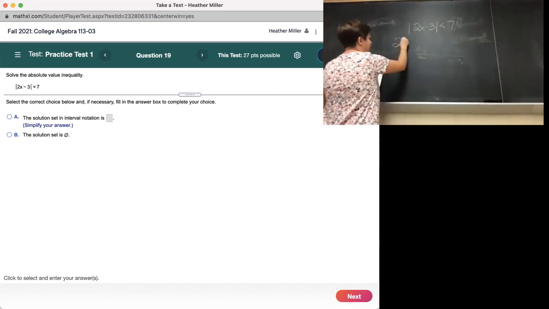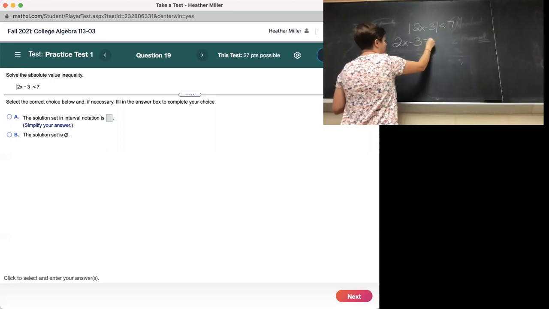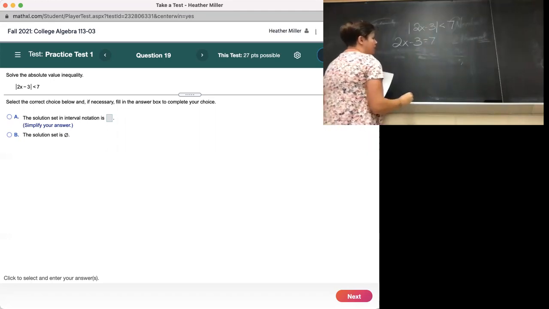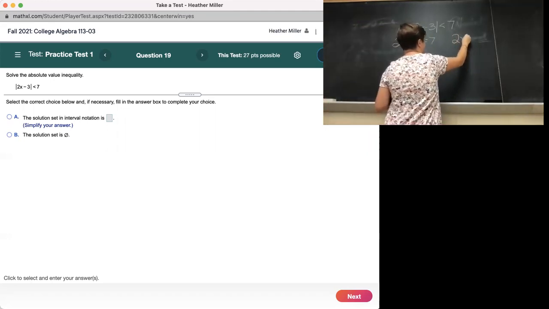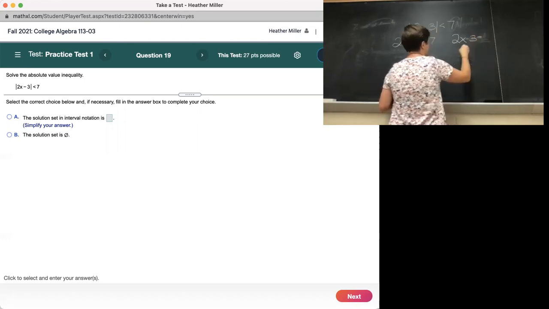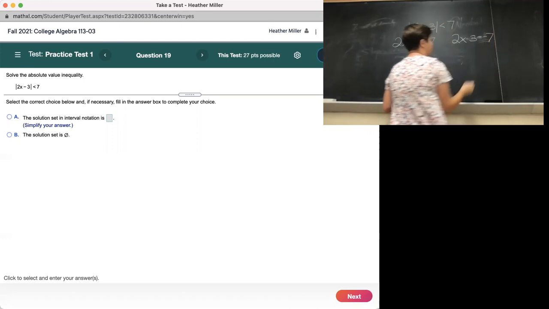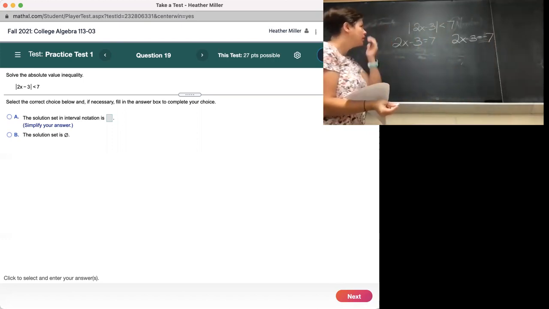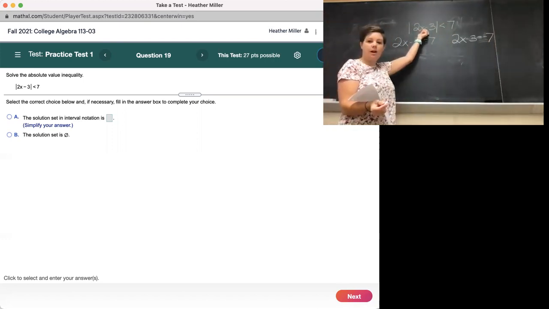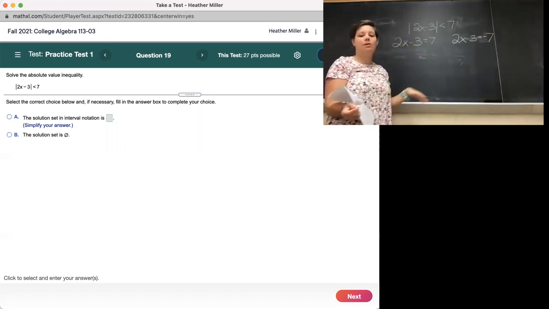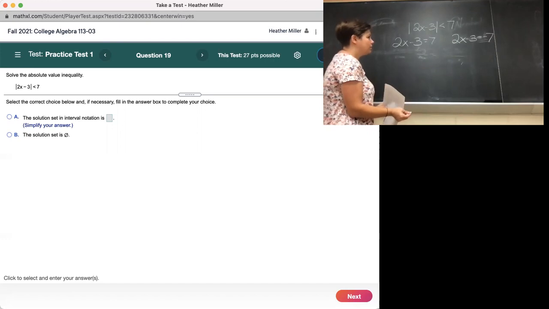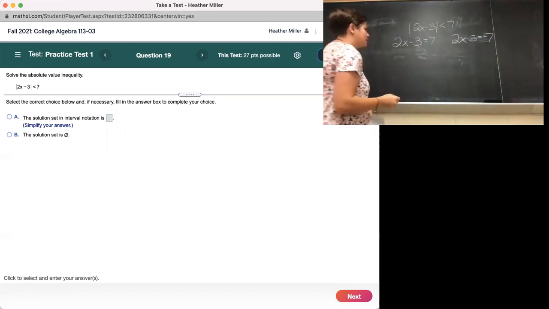So we write it exactly the same way with an equal sign. And then we write it exactly the same way again with an equal sign, but instead of a positive 7, we're going to have a -7. That's because what's inside of our absolute value can be positive or negative, but when we take the absolute value, it all becomes positive. So in order to find those two values, we have to split it like this.